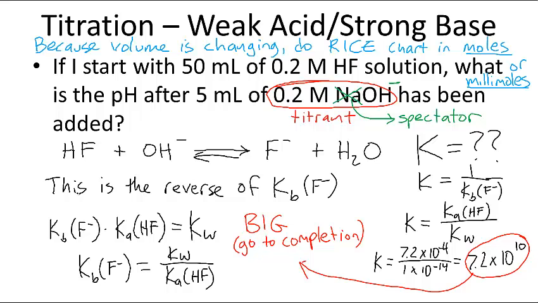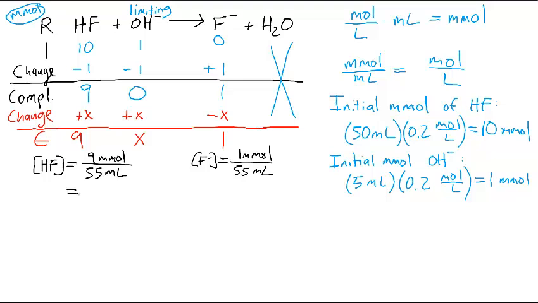So the reason it's 55 milliliters is I had 50 and I added 5. So what's 9 divided by 55? 0.164. 1 divided by 55. So I could set up the equilibrium expression. K equals concentration of F minus over HF times OH minus.